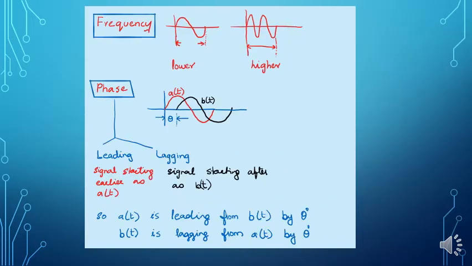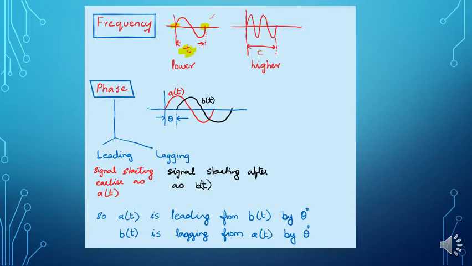Now frequency. Frequency is the number of cycles in a specific time, right? Suppose this is our time t for one signal, and this is also the same time t for the other. In the first case, the signal starts from this point and ends at this point, so we have only one cycle of the sinusoid in this given time t.